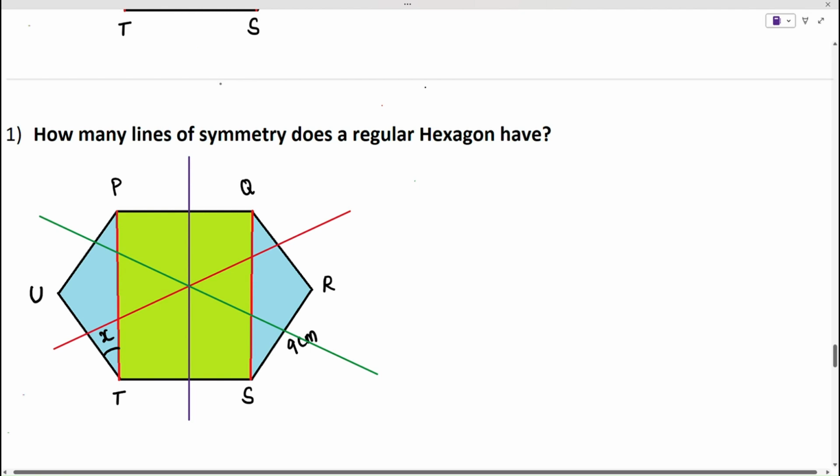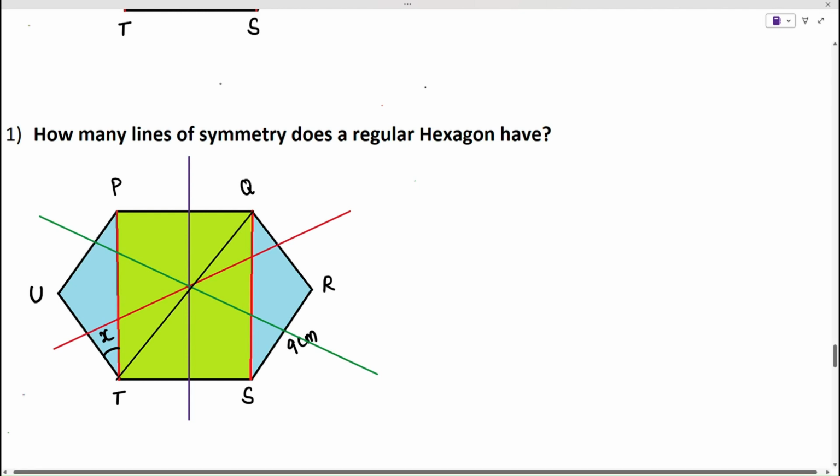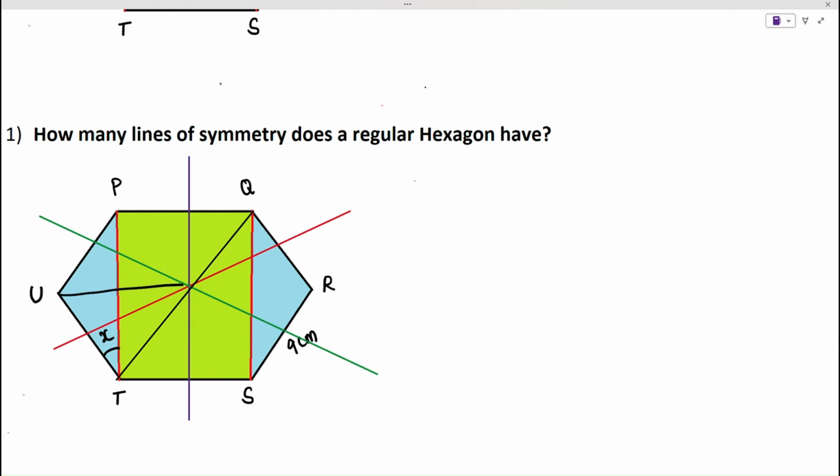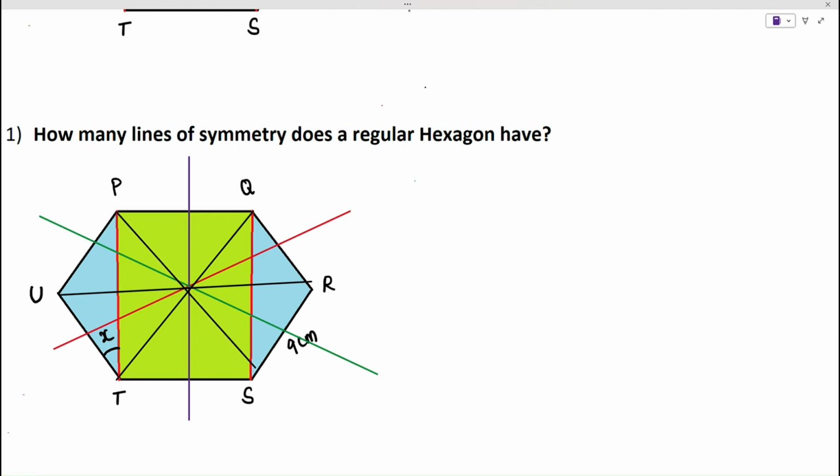So, the first line of symmetry we can draw is from Q to T. The next line of symmetry we can draw is from U to R. And now our final line of symmetry can be drawn from P to S. Now this diagram does take the assumption that it is a regular hexagon, and so we have 6 lines of symmetry.